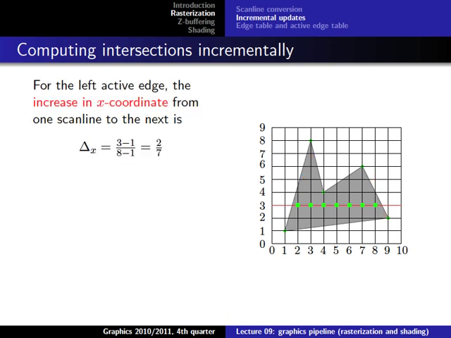And this is where I think the slope-intercept form is a little easier to understand.